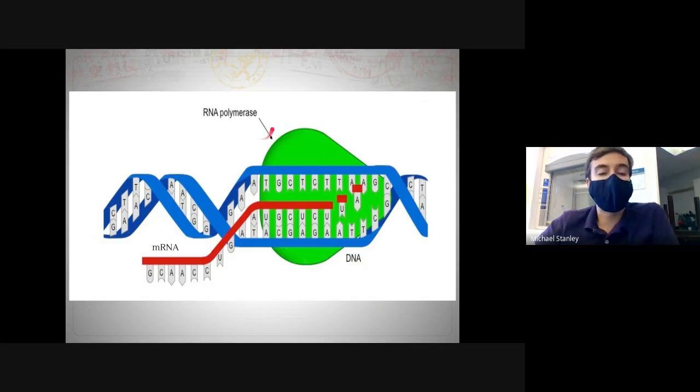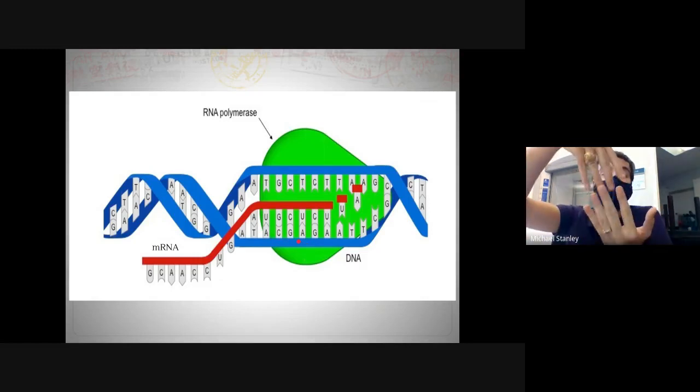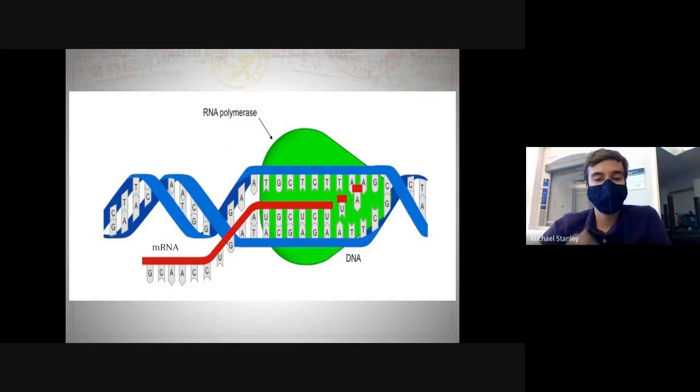So this protein, this RNA polymerase, will travel down a gene, and for each DNA base, it'll match it with the complementary mRNA base. So we end up with a strand of mRNA that has been built from this gene, built from the specific sequence of DNA.